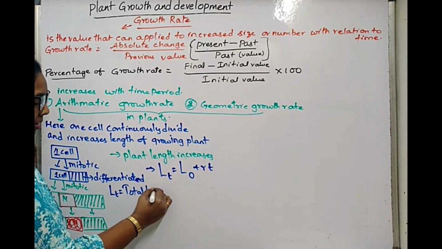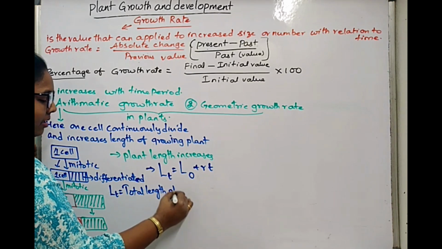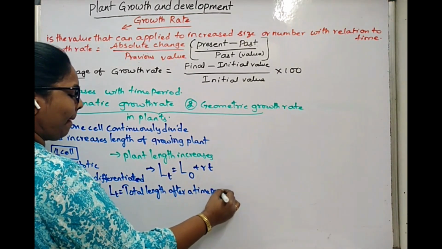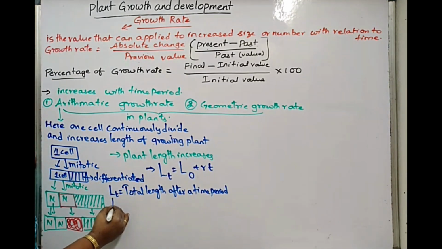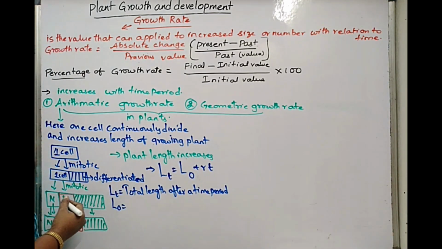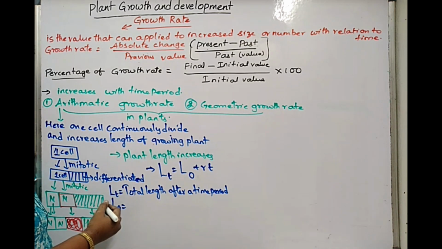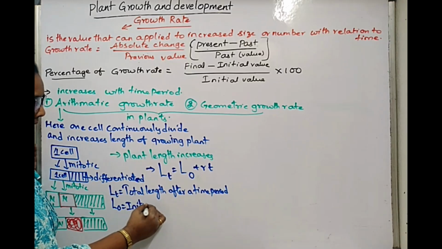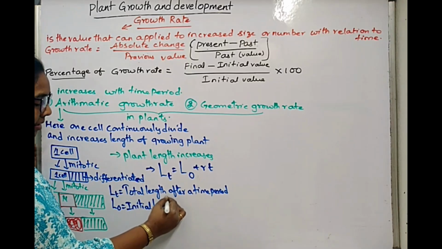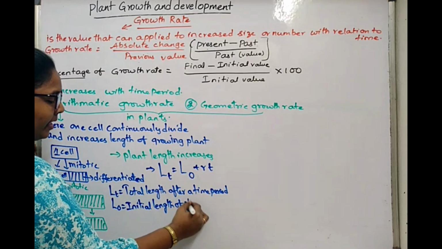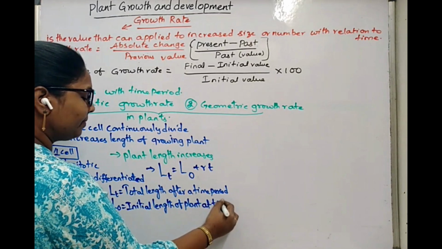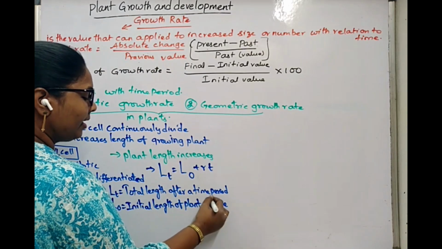L0 indicates length of initial size of the plant, so we'll write initial length of plant or germinating plant at initial time period.